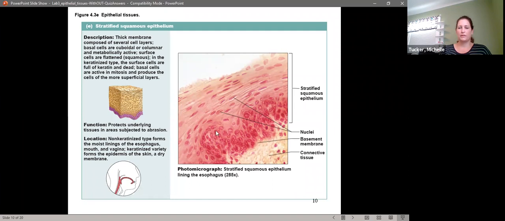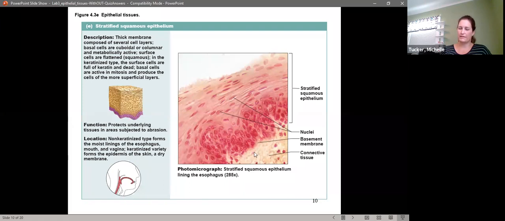So this is the basal surface. So we've got a basement membrane, and underneath this basement membrane is connective tissue known as the dermis, and it is irregular. Okay, so because that dermis has an irregular surface, it causes a wavy basement membrane.